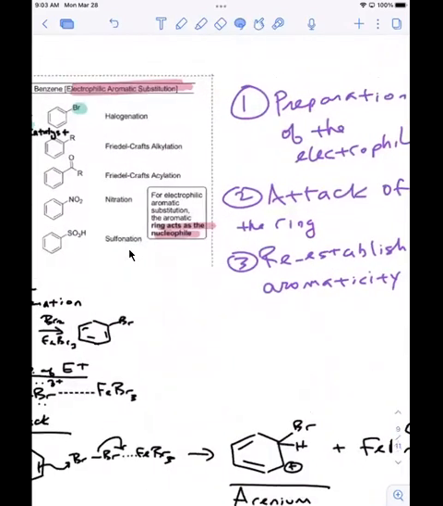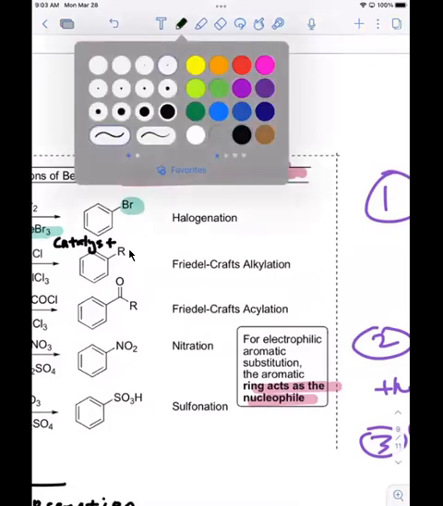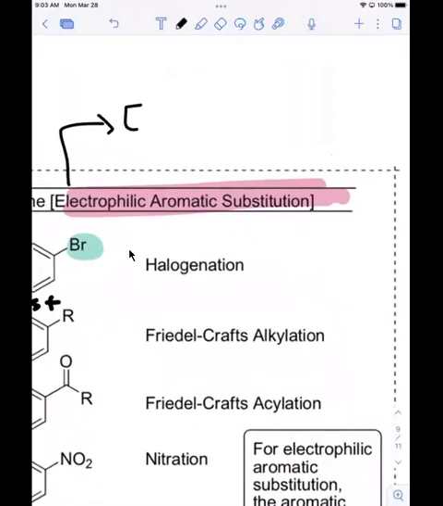All right, so let's zoom in on that whole idea of electrophilic aromatic substitution. The electrophilic part is my electrophile being added to the ring.